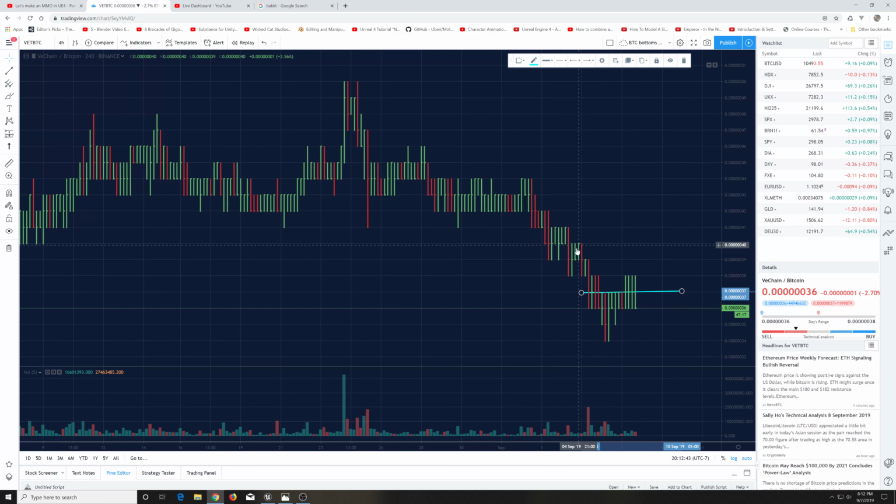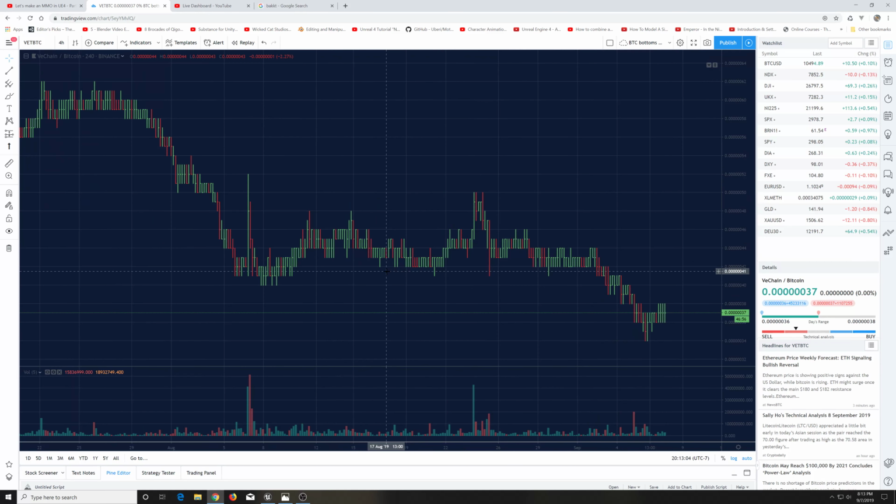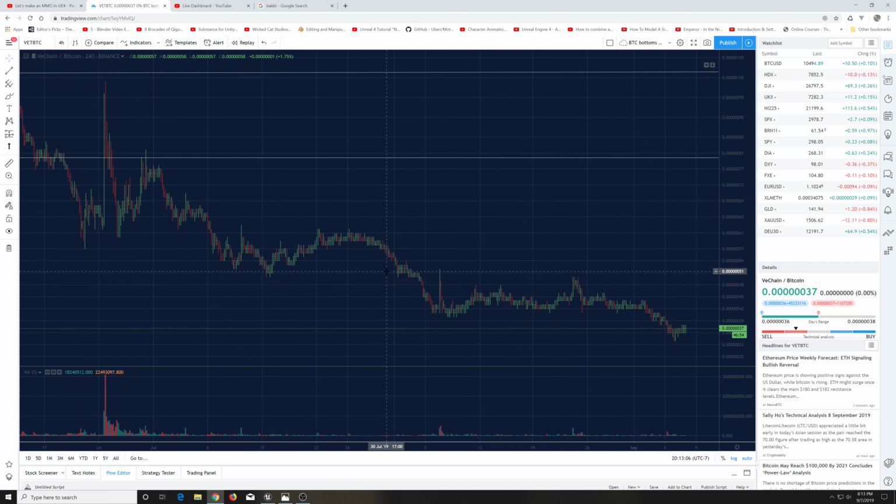Those little nicks in the bar are the closes. Look at this line right here. I mean, come on. This is going right where people want it to go, and it just is what it is.